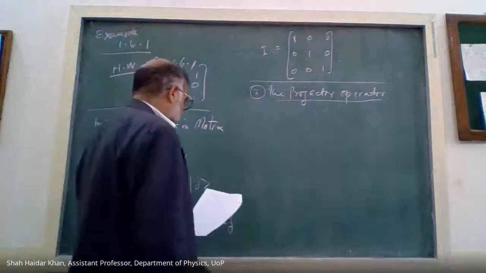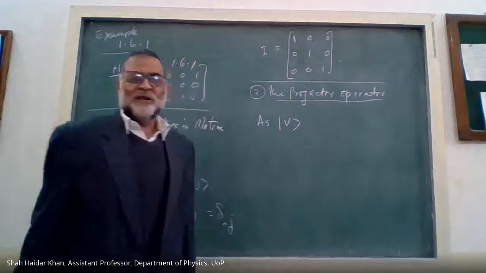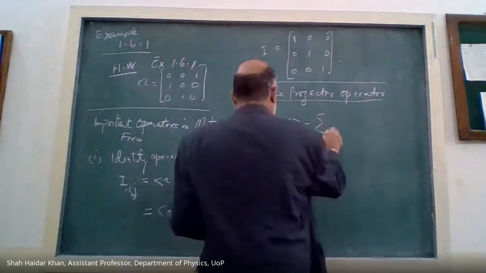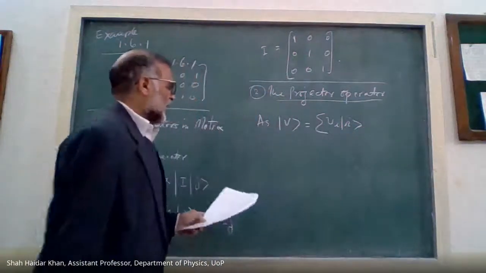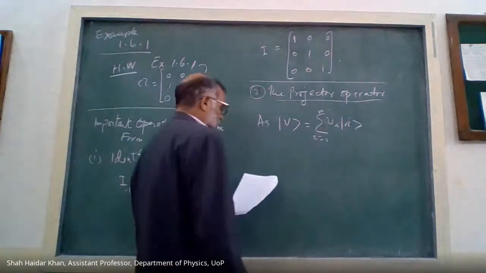So we know that any vector can be written in terms of its components, and we say that |v> is equal to the sum of v_i times the ket |i>, where i starts from 1 and goes to n.